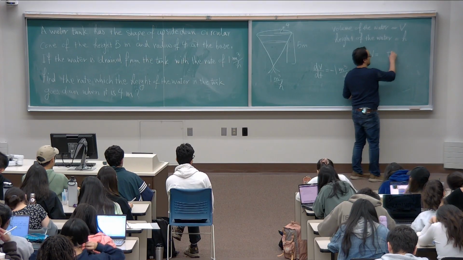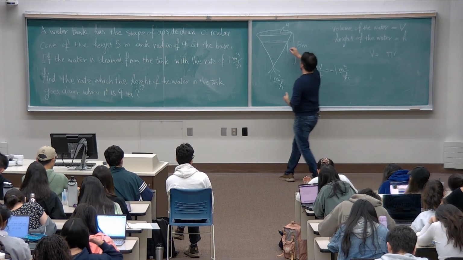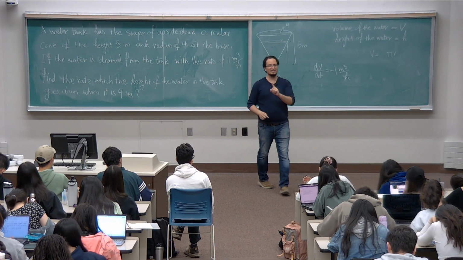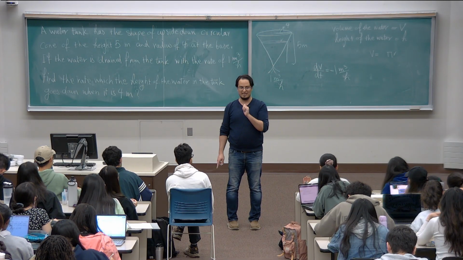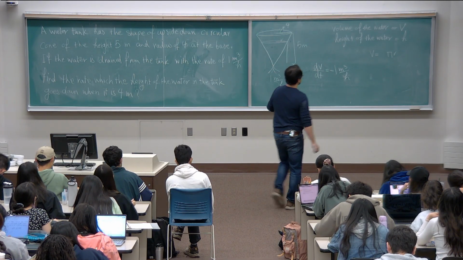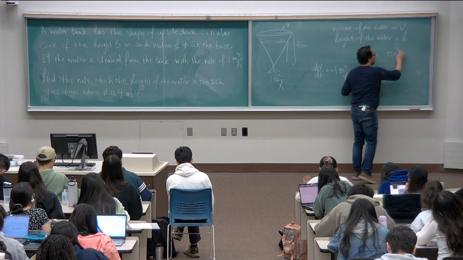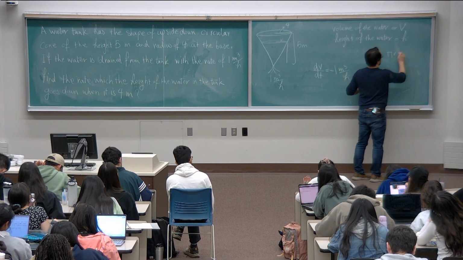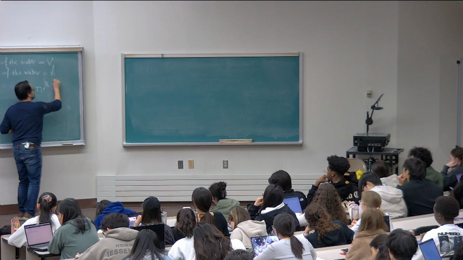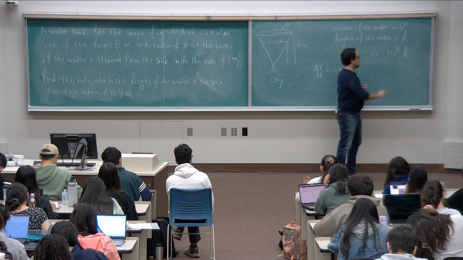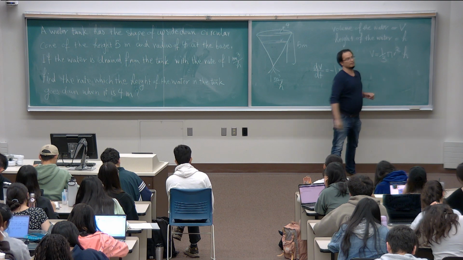So if I call this guy R, look, already it shows I need to fix R as well, it seems. That's the area of the base times the height, 1/3 of that.